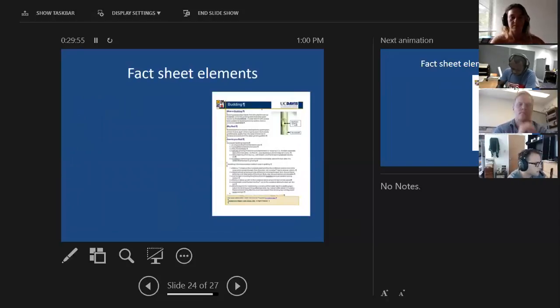So now, the most effective way to do something is face-to-face, and particularly face-to-face with a field demonstration. That's by far the most effective. But we actually always start by developing a fact sheet. Now, why do we do that? Why do you think we do that?